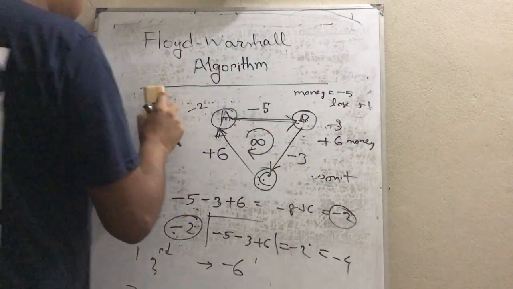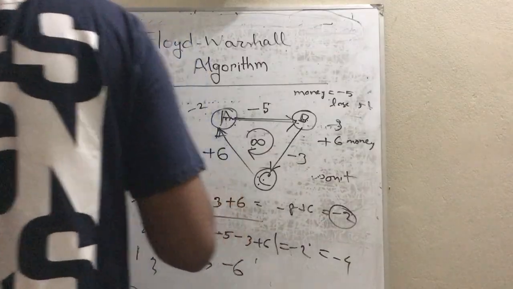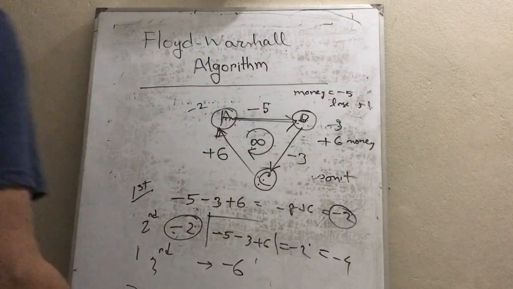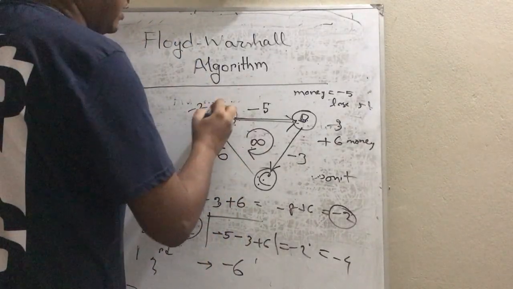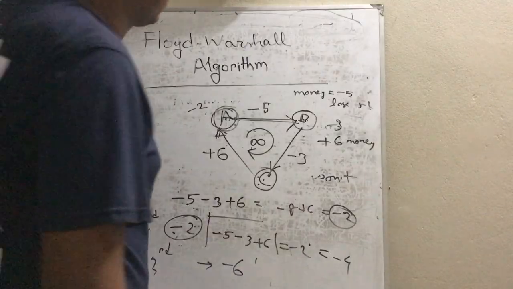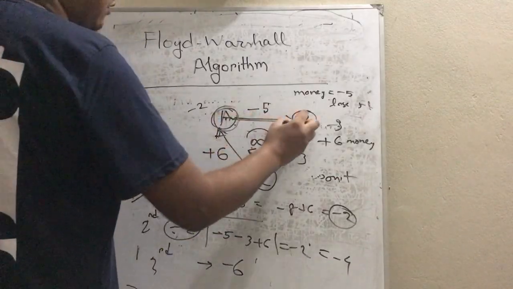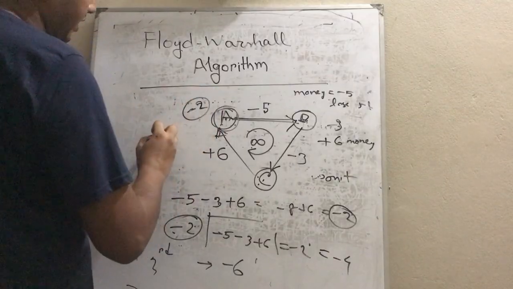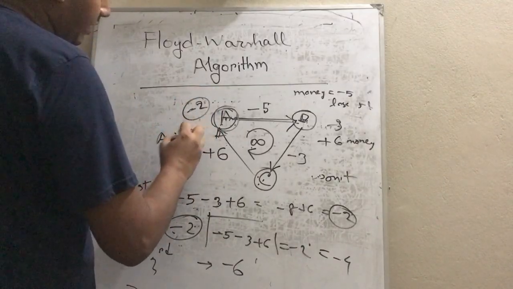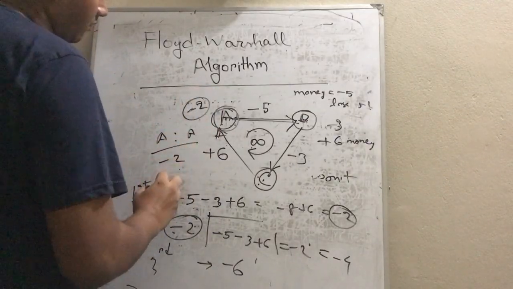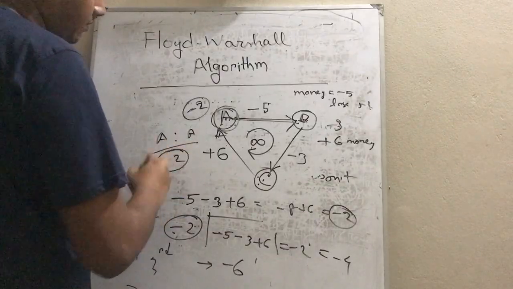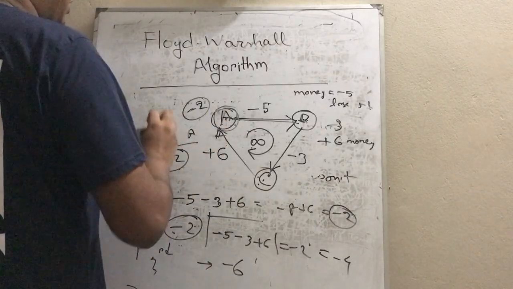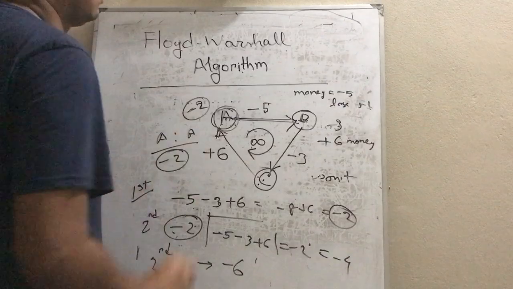However, we can detect if there is a negative cycle using Floyd-Warshall algorithm, because if we look at the value for the A to A pair, we get minus 2. So there is a negative cycle. So we can detect a negative cycle using Floyd-Warshall algorithm.